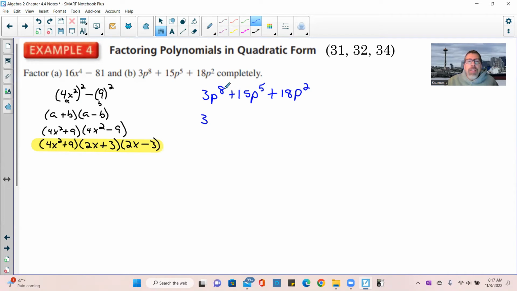And we have p to the 8, p to the 5, p to the 2, and you can always factor out the least power of the p. So the greatest common factor of this trinomial is 3p squared.